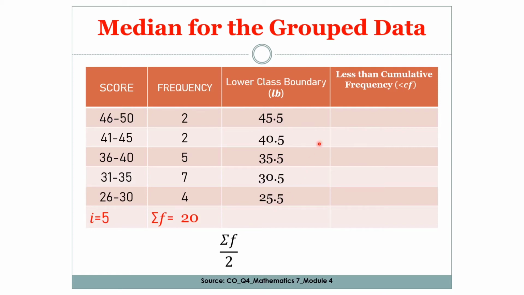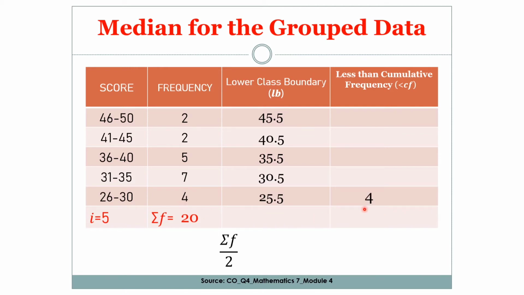For the last column, the less than cumulative frequency. In obtaining the less than cumulative frequency of each class, what we are going to do is copy the frequency of the lowest class. In this example, the lowest class is 26 to 30 and the frequency is 4.